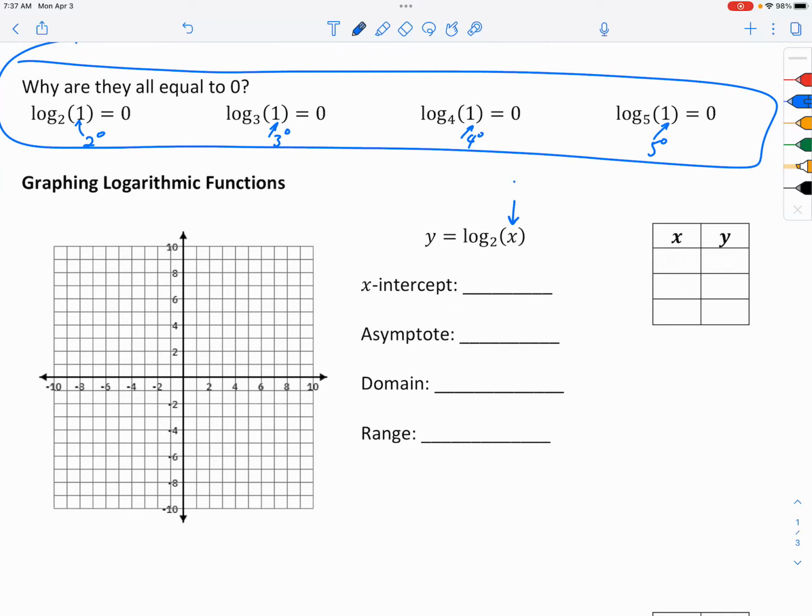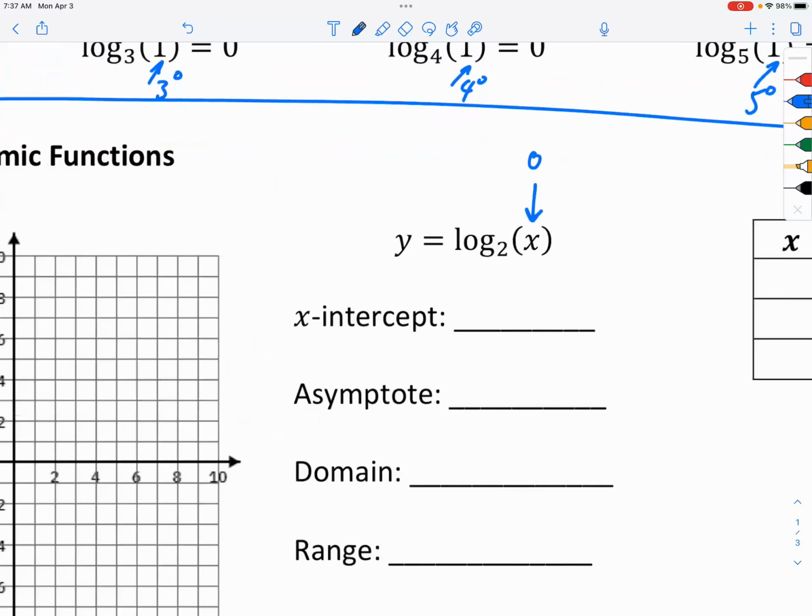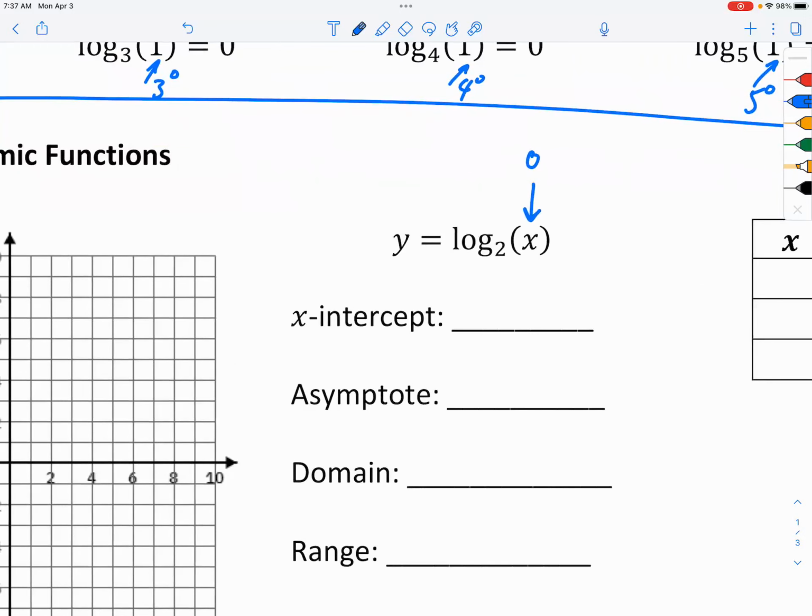Now, if you put in 0 right here, that actually would cause a problem. Why would putting 0 right here cause a problem? And this is a very important question.